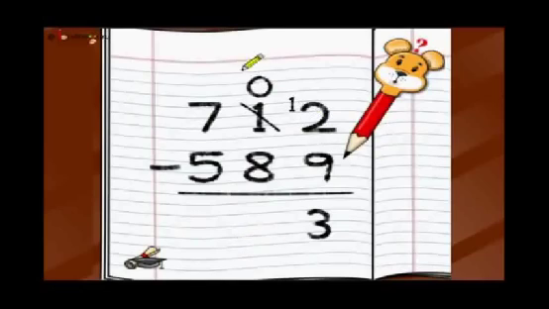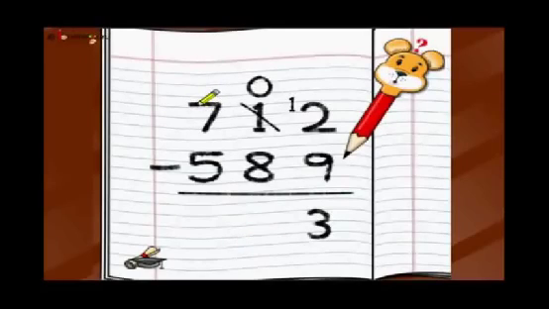Got it? Now you move to the next position. This 1 is crossed because it's now no more 1, it has become 0. Now from 0 can you remove 8? No, right? 8 is bigger than 0. So what do you do? You do exactly the same thing you did at the 1's position, you do it here. 0 tells its neighbor 7, hey 7, can you give me a number?